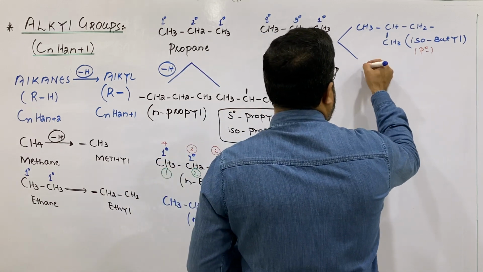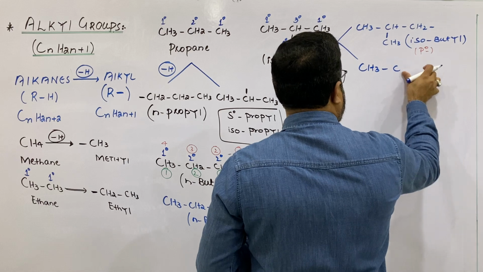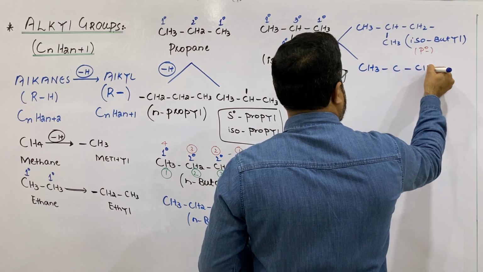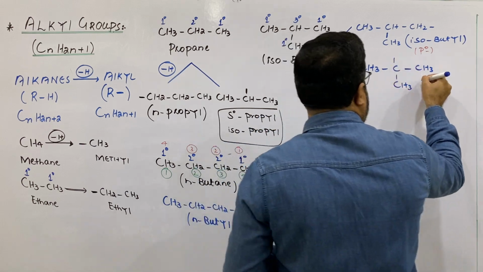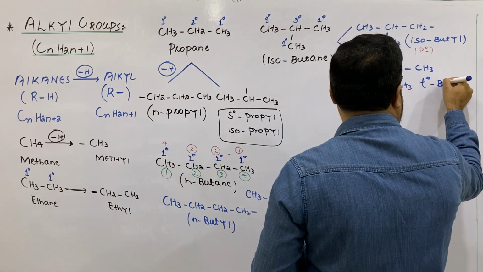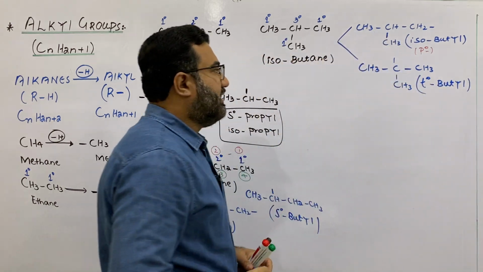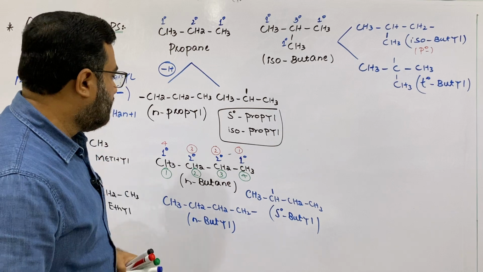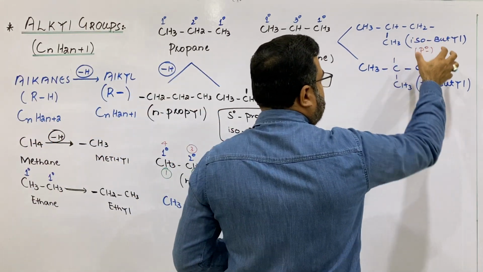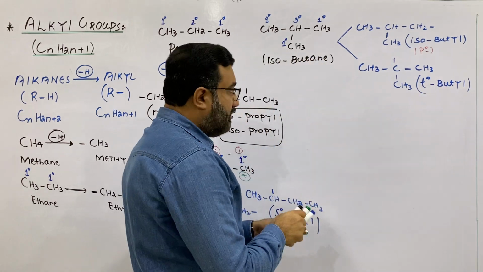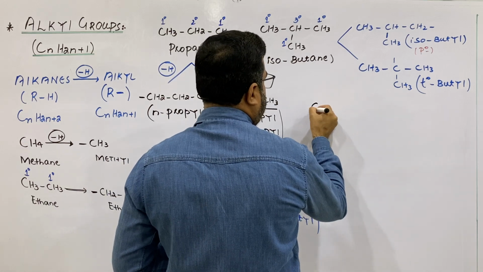And removing the hydrogen from the tertiary carbon, now that will be simply 3-degree butyl or tertiary butyl. So butyl is of four types: normal butyl, secondary butyl, isobutyl, and tertiary butyl. Now, my dear students, let us move to the next one, that is the pentane.